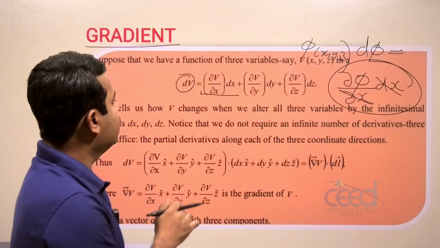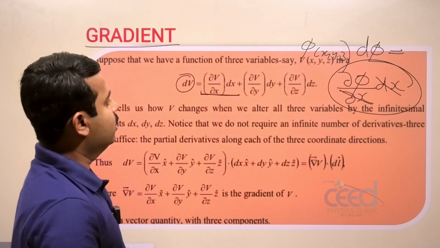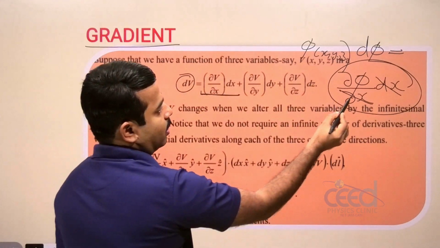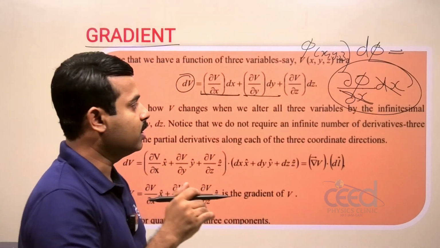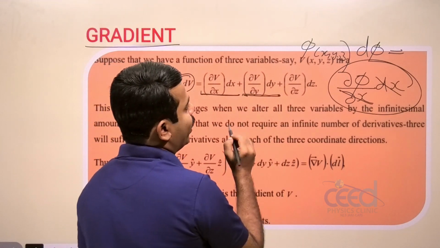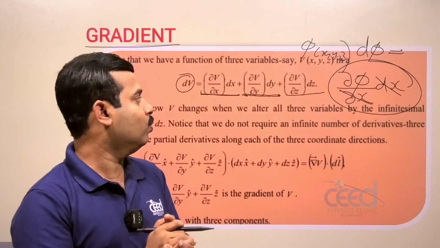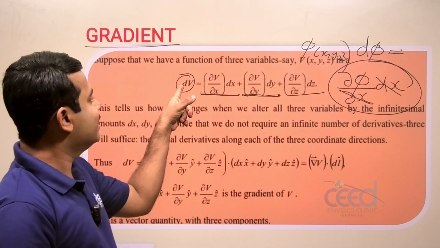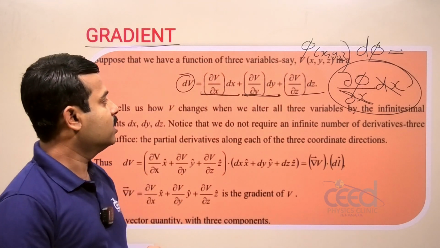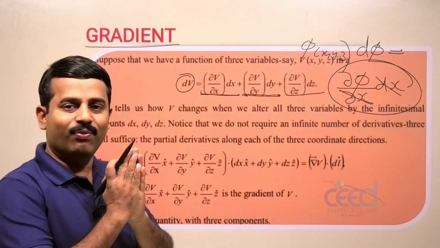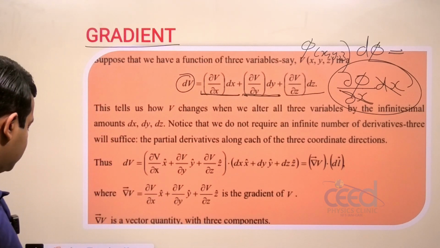That is the variation of the function with respect to the x-axis, plus the variation of the same function with respect to the y-axis, plus the variation of the function with respect to the z-axis. This dv represents the variation of the function v.